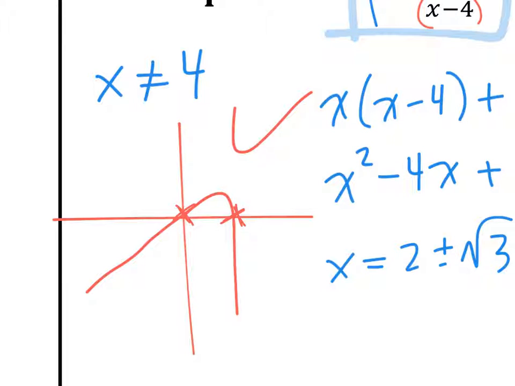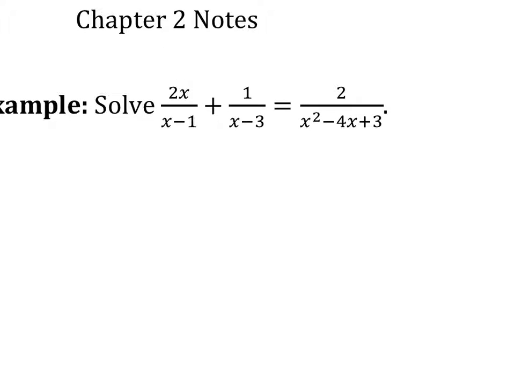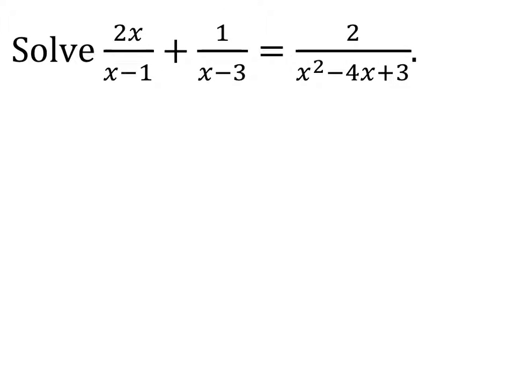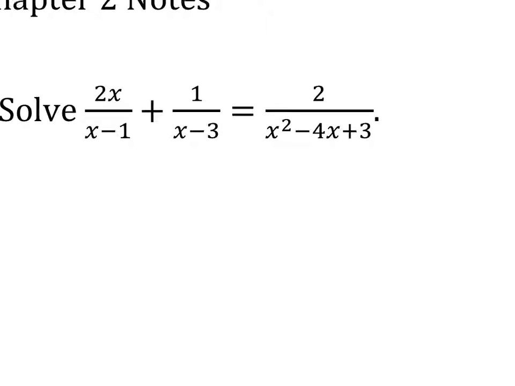Next one. Okay. When you have denominators that are in polynomial form, you need to factor them so you can see what is going on in the denominator. So what does this denominator factor to? Okay, x minus 1, x minus 3.